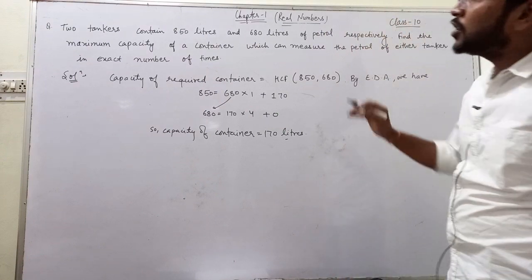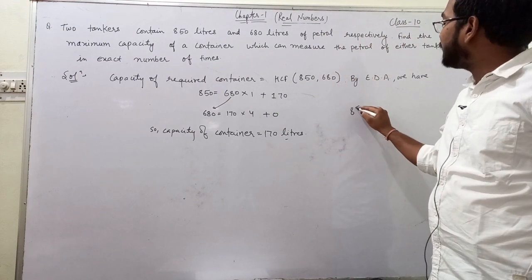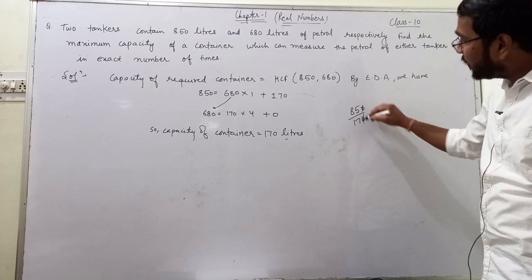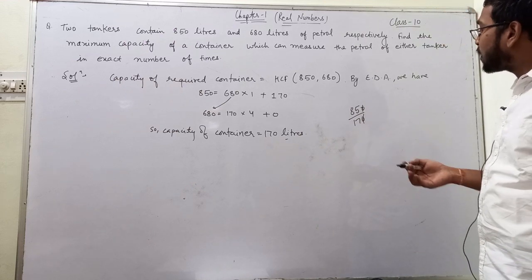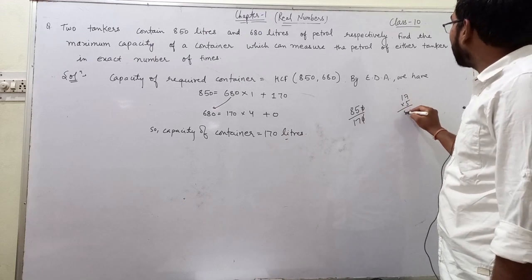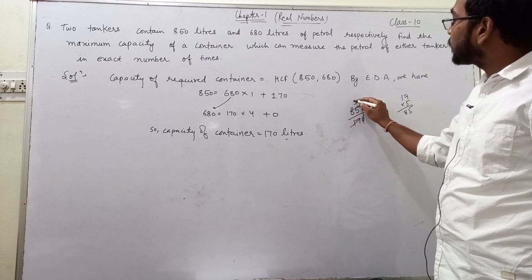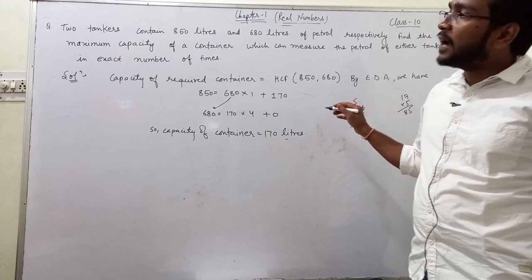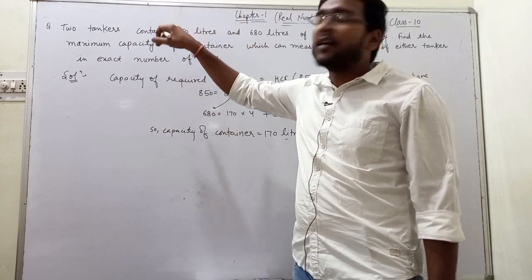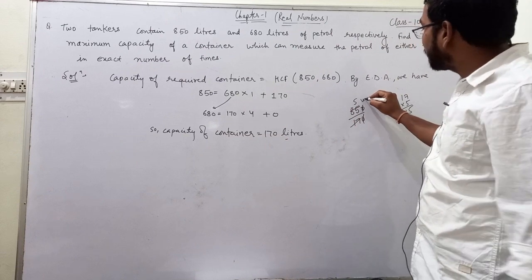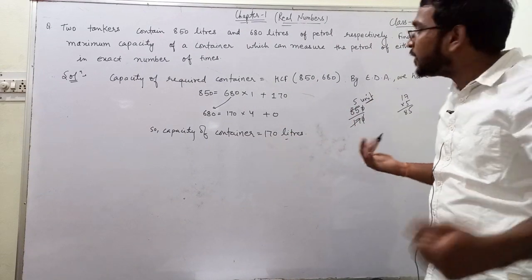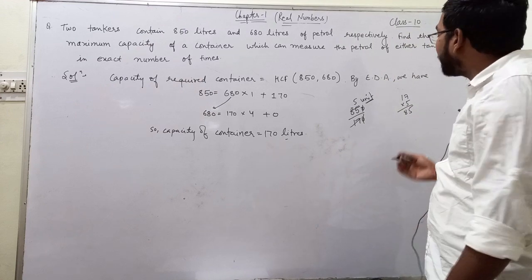If I divide the volume of the first container, that is 850, by 170, 0 cancels out 0, and then 17 times 5 is 85. So I can write that the quantity of petrol in the first tanker is 5 units, and 1 unit equals 170 liters, that is the volume of the container.